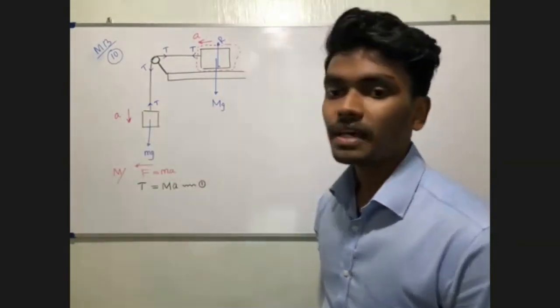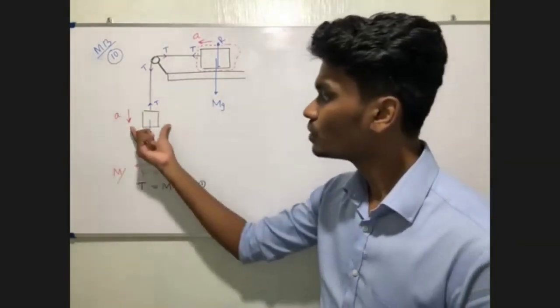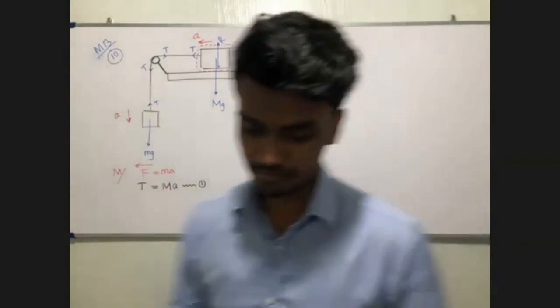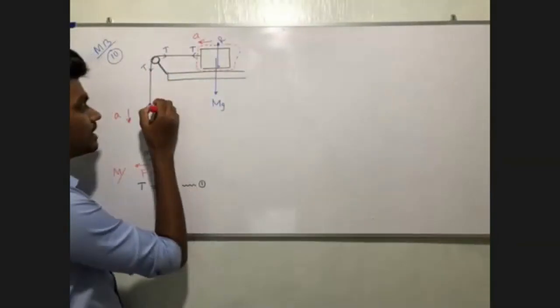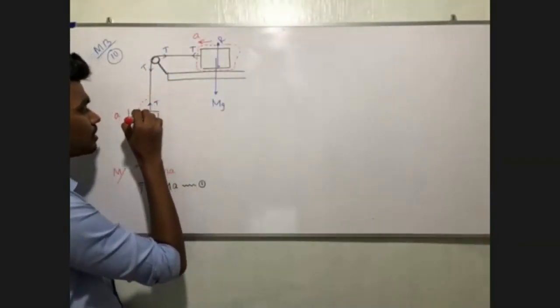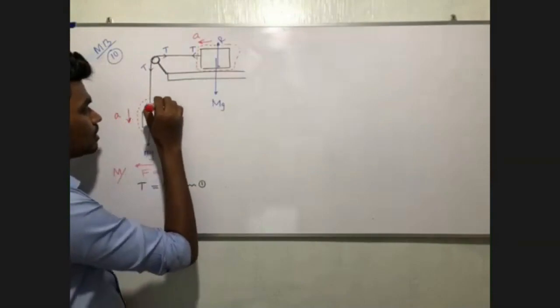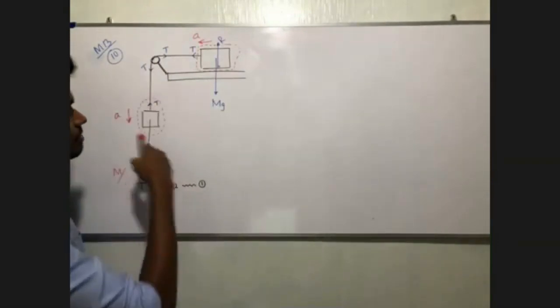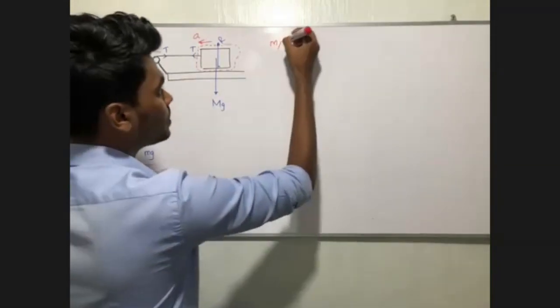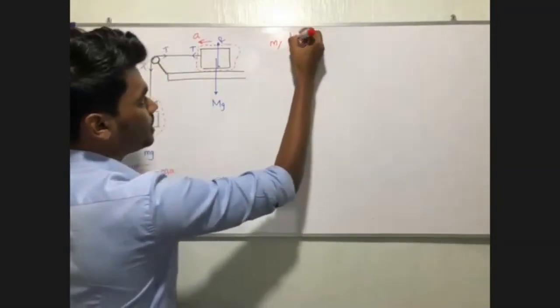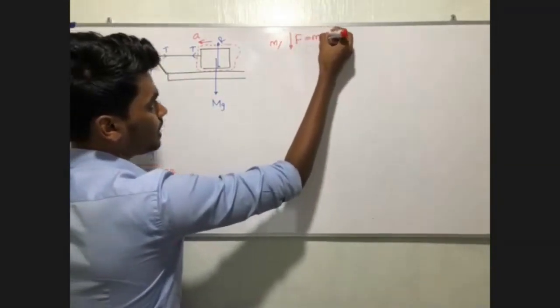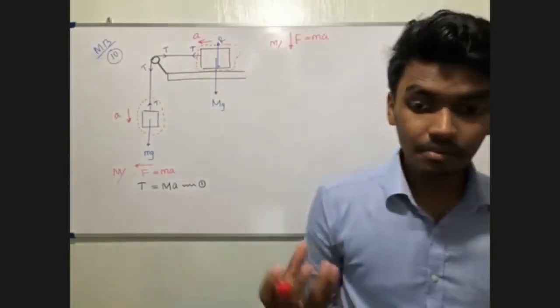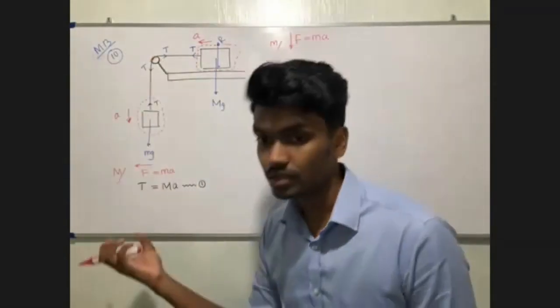Let us once again apply F equals ma to this object, simple M. So for simple M, we are going to apply F equals ma in the downward direction. Why? Because simple M is moving downwards.